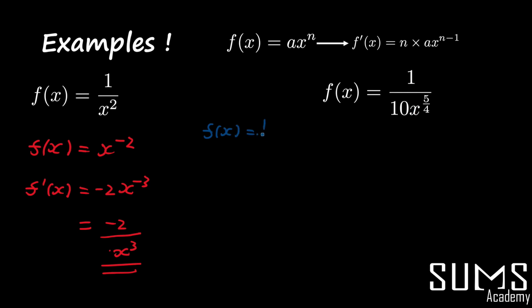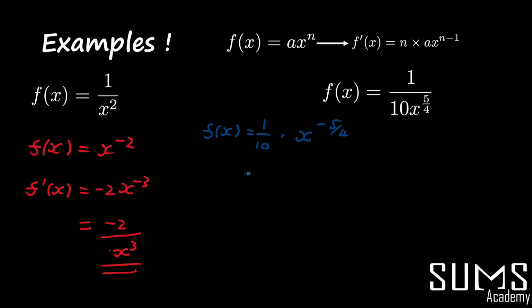And then we'll move this x term from the bottom up to the top, so it's easier to multiply by. So times by x to the power of minus 5 over 4. All right, and now we can start to multiply through. So we're going to times by this power, then we're going to decrease it by 1.